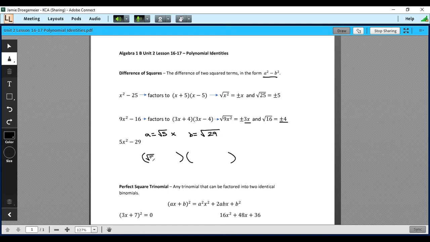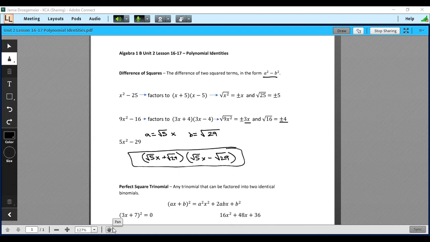I have the square root of 5 times x plus the square root of 29, and the square root of 5 times x minus the square root of 29. And so that would be the factored form if we were going to factor this difference, 5x squared minus 29. So just showing you how that property or that identity that we see in that difference of squares can be applied to other situations.